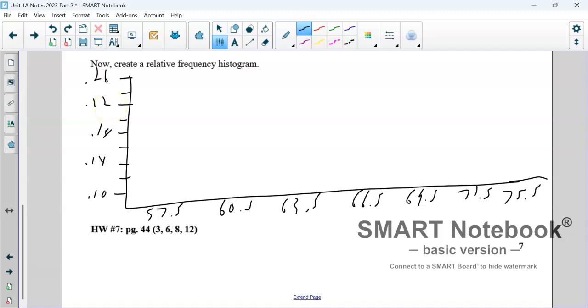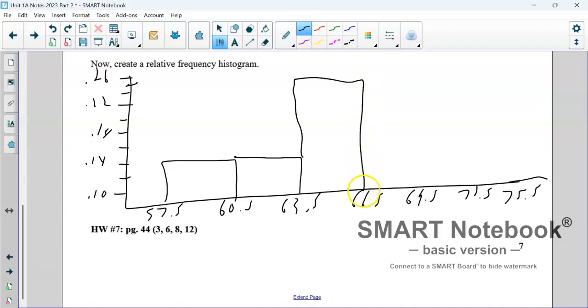So from 57.5 to 60.5, we had 0.14. And then we had 0.14 again. So it's going to have the same kind of look, except it's just going to go to different numbers. So there's 0.22, 0.24. The 0.25 is kind of in between here. So we're going to do our best job to go to 0.25. I'm sorry, my bad.